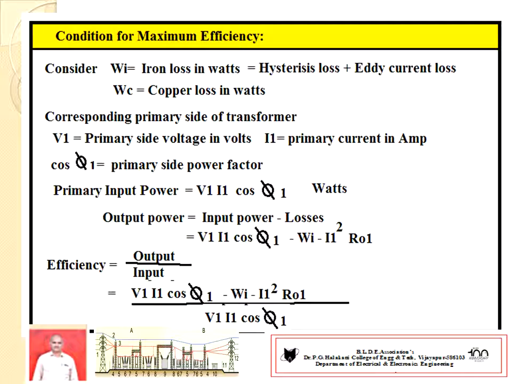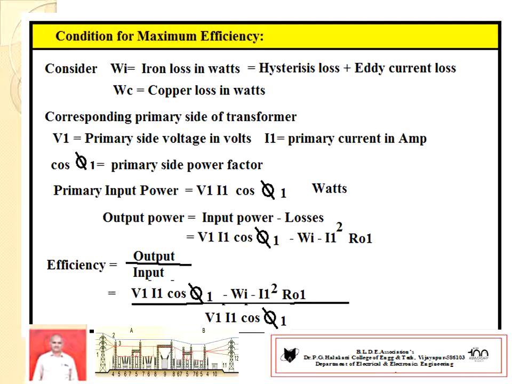I am considering the primary side of the transformer. Let V1 be the primary voltage, I1 the primary current, and cos phi 1 the primary side power factor. Hence it is possible to calculate the input power, because the primary side is input and the secondary side is output. Input power of the transformer is equal to V1 I1 cos phi 1 watts.